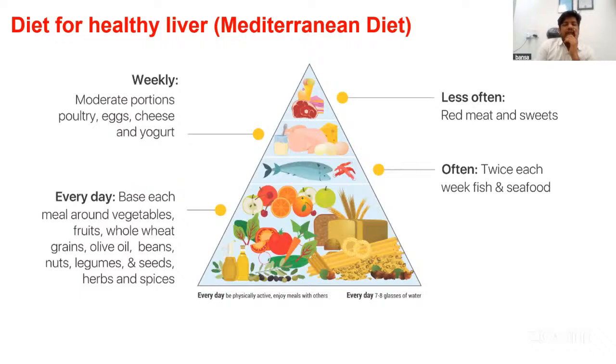So this is the Mediterranean diet, which is good for the liver. As you can see, everyday base meals around vegetables, fruits, whole wheat, grains, olive oil, beans, nuts, legumes, seeds, herbs, and spices. Often, twice each week, fish, seafood, weekly moderate portions of poultry, eggs, cheese, and yogurt, and less often red meat and sweets.